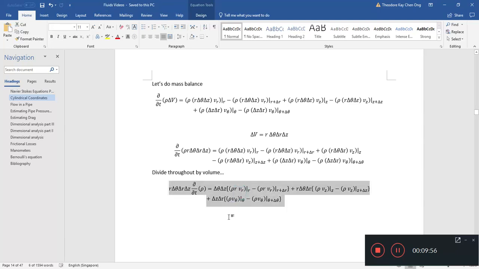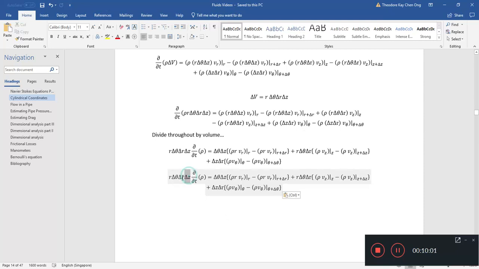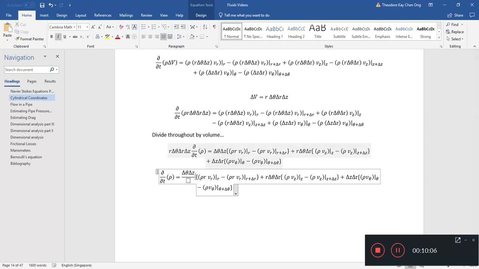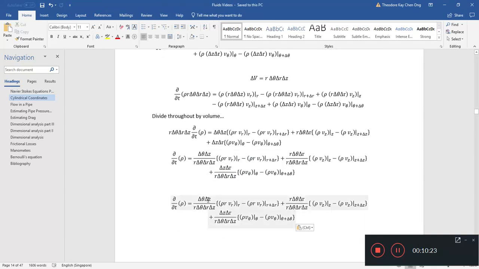Now let's divide throughout by volume since we factorized everything out. So we'll need to divide by all these three. I'm just going to cut and paste it under so that we don't make any careless mistakes later. It's just to show a step-by-step thing. So same thing, let's cancel the terms. Delta r, delta theta and delta z are gone.